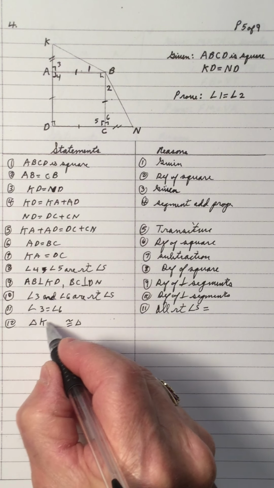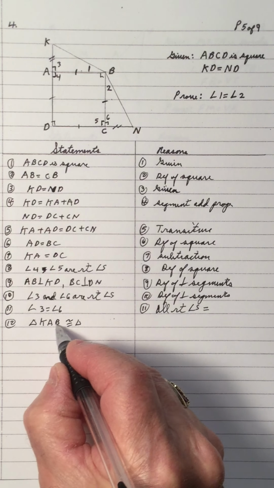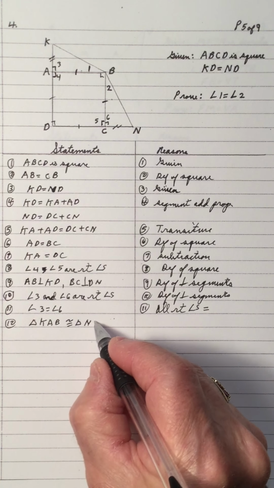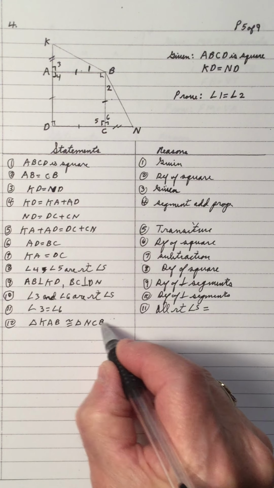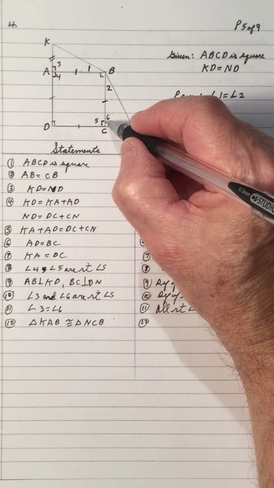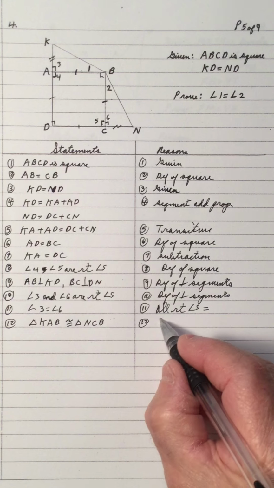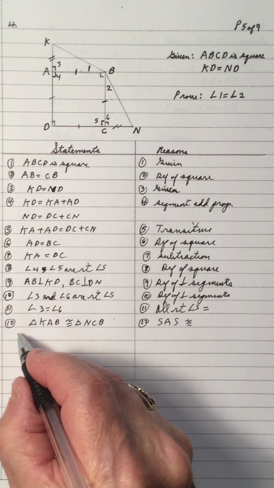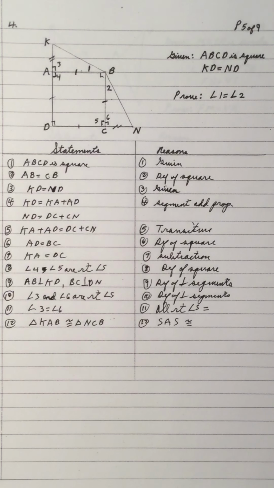So KAB is congruent to NCB, and as you can see, it's side, angle, side congruency, and as a result, the triangles are congruent.